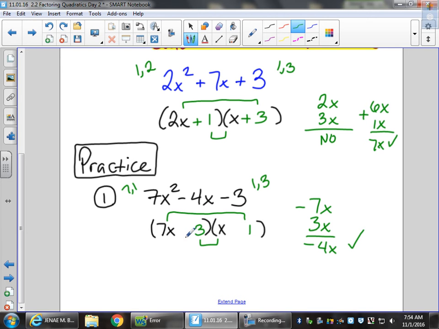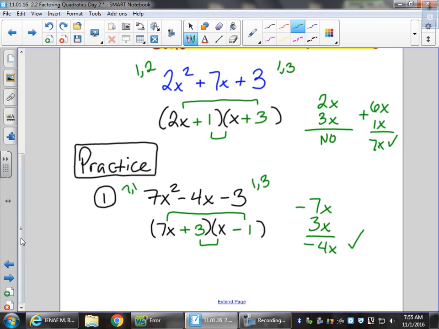Which makes the first factor a negative or the second? Which of these got you the negative 7? The second one. You did 7x times the negative 1 would get me that negative 7x. So that means that this will be negative and this is positive. Very good.